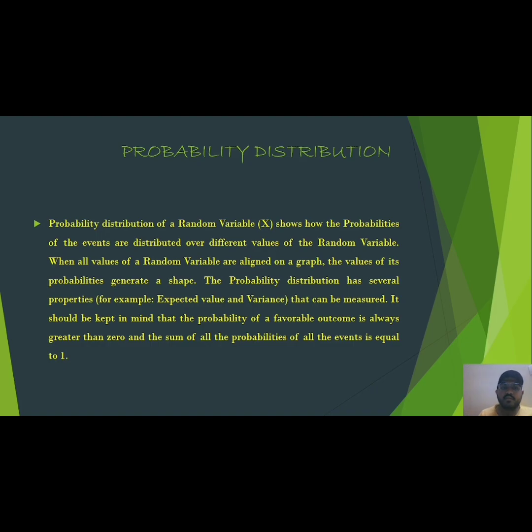When all values of the random variable are plotted on a graph, the values of probability generate a shape, and the probability distribution is characterized by properties that can be measured. It should be kept in mind that the probability of a favorable outcome is always greater than or equal to 0, and the sum of the probabilities of all events is equal to 1.